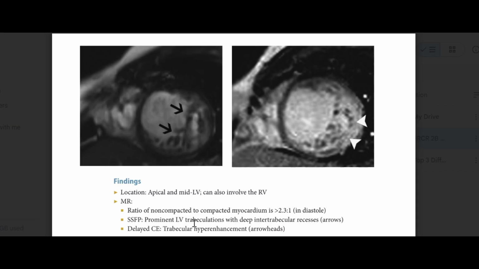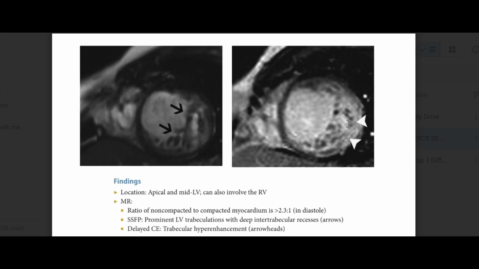There's prominent left ventricular trabeculation with deep intertrabecular recesses. This is the right ventricle, this is the left ventricle.